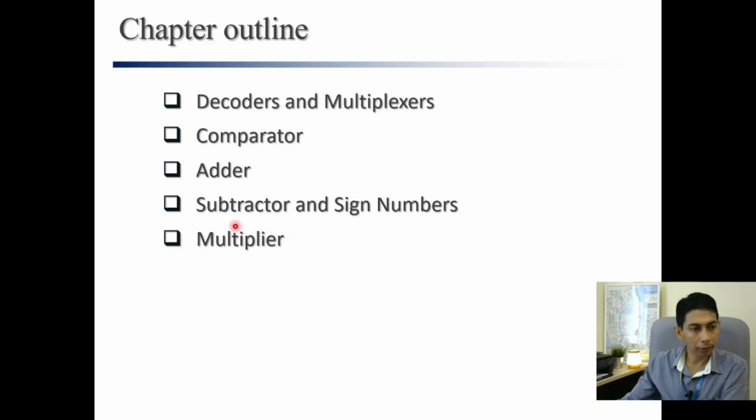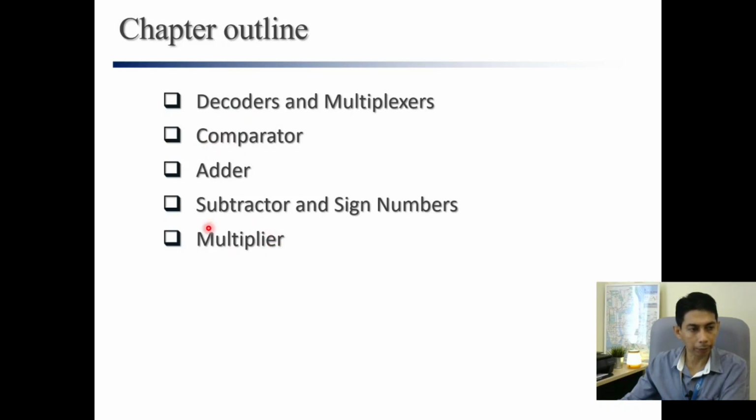And today we will look at the comparator, actually another kind of comparator, which is the arithmetic comparator, which is the one that we use in digital systems, especially in the computer, microprocessor, and so on.